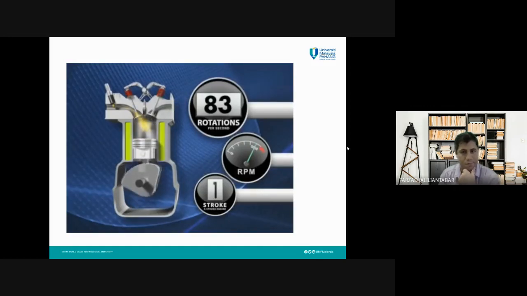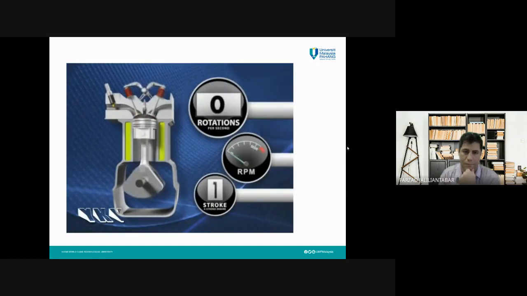Meanwhile, the piston travels up and down 166 times in that same second. Want to see how fast that is? Now, that's fast. Let's see it again. Amazingly, the four-stroke EFI engine does this smoothly, quietly, and reliably for years and years of operation.